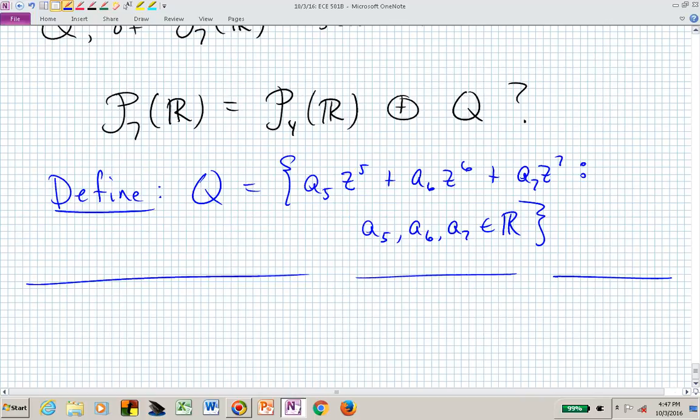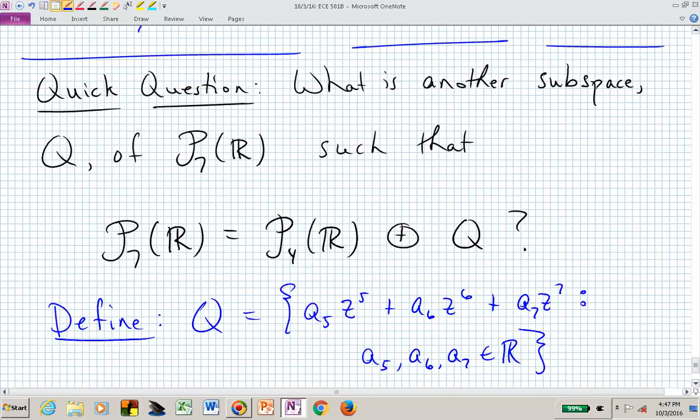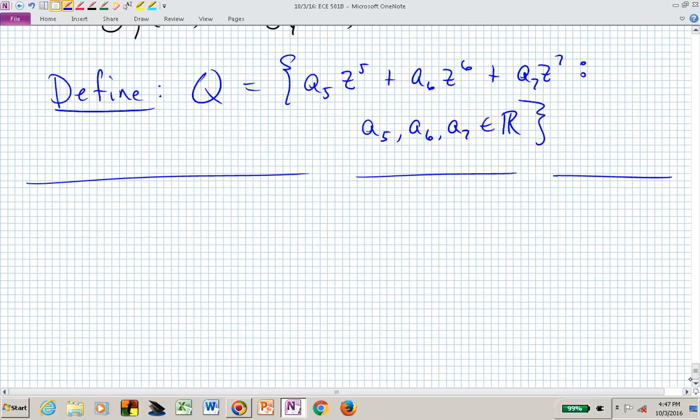And that would be okay. Now we have a direct sum decomposition, and the only vector in common between Q and P4 is the 0 vector. That was just sort of an aside of how we might find direct sum decompositions. Let's look at some facts.